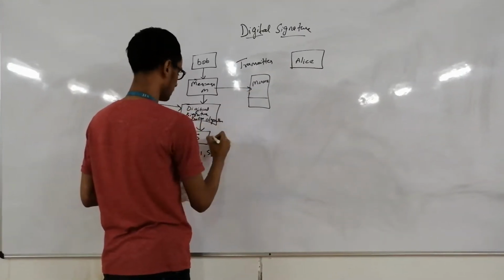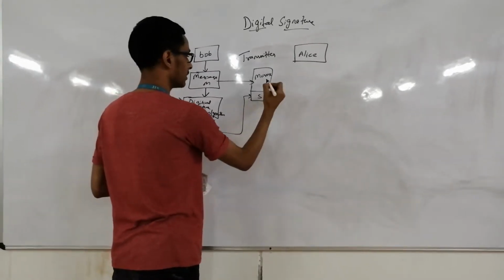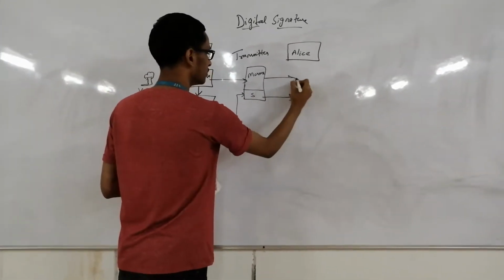So the message M along with S will be sent to Alice.